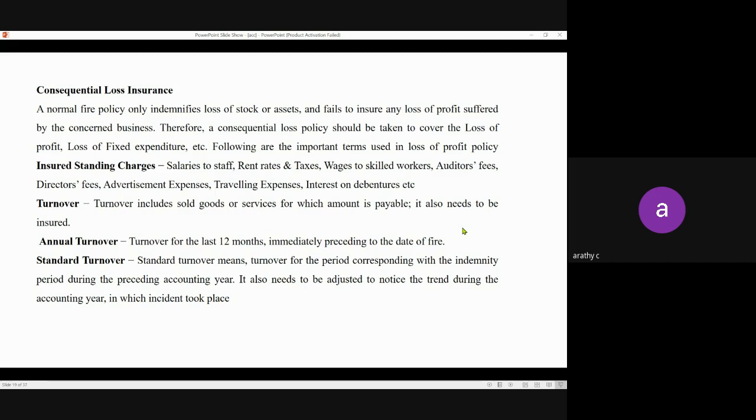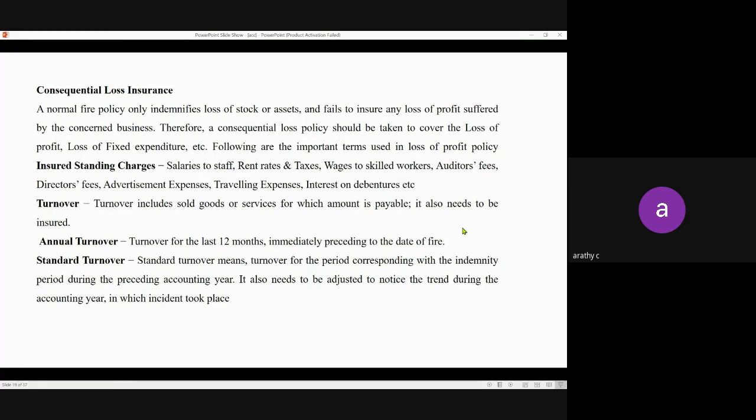So what is consequential loss insurance? When a fire occurs, in addition to the direct loss on account of stock or assets destroyed, there is a consequential loss as the business has to be discontinued or interrupted for some time. Consequential loss arises due to the loss of profit that would have been earned during the discontinuance period, continuance of standing charges like salary, rent, etc. during that period, and increase in the cost of working.